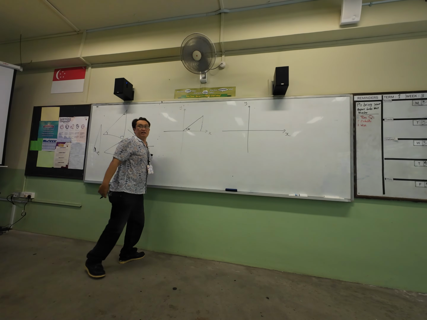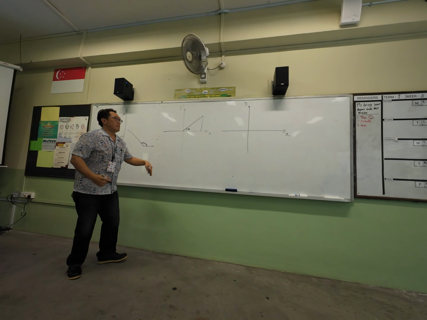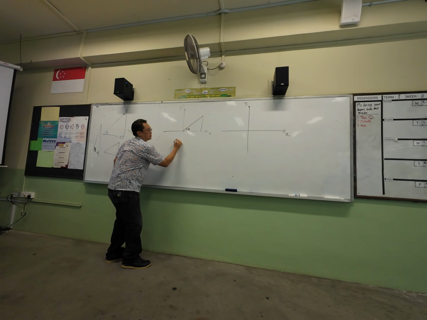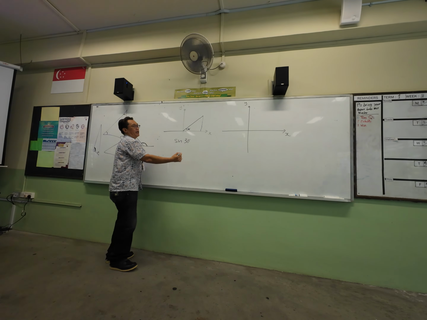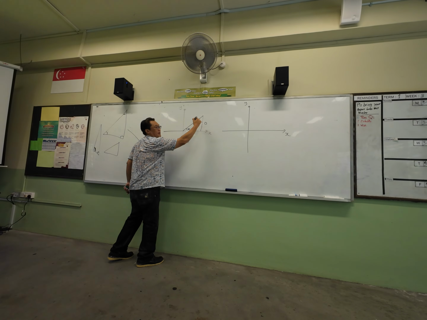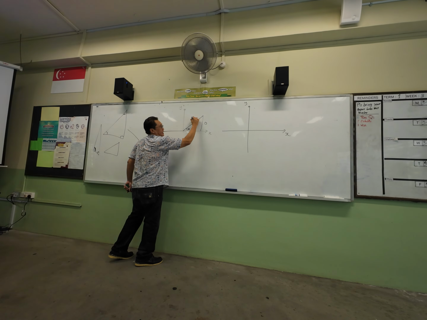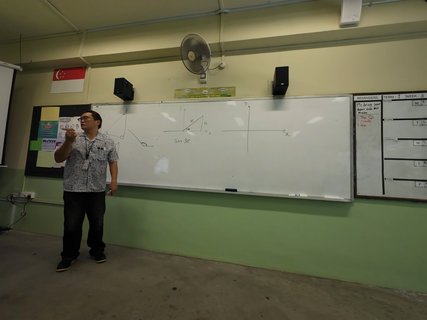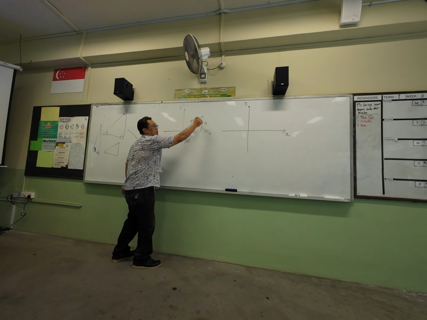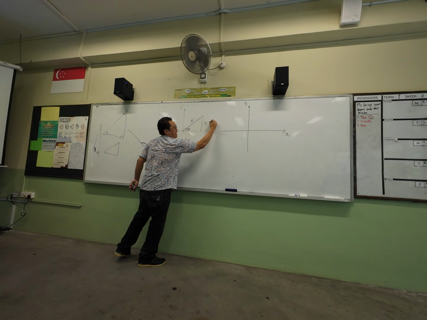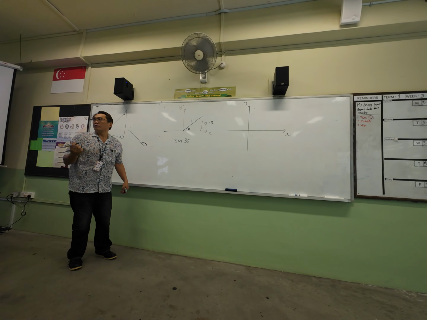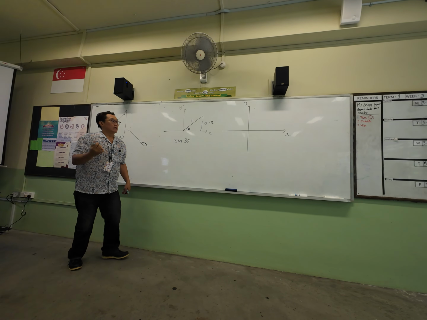Let's say this is 30 degrees. My sine of this 30 degrees by right is this opposite divided by the hypotenuse. So this opposite, when I look at coordinate geometry, it is actually my y value. Okay?